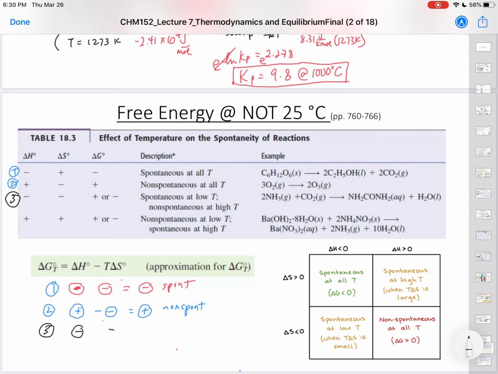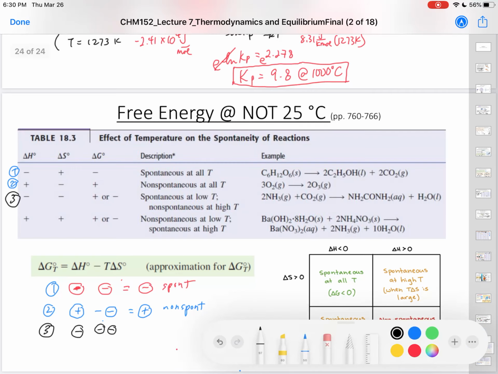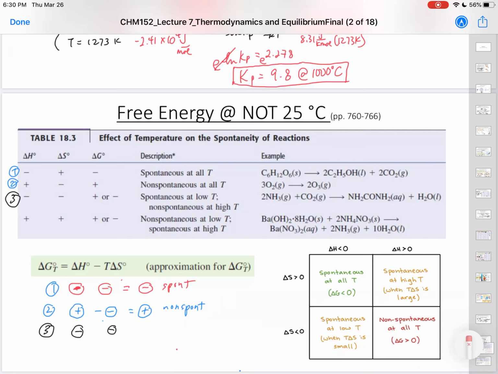The third situation becomes ambiguous, because if you have negative and negative, and this is also negative, because of this situation here, then this together becomes positive.